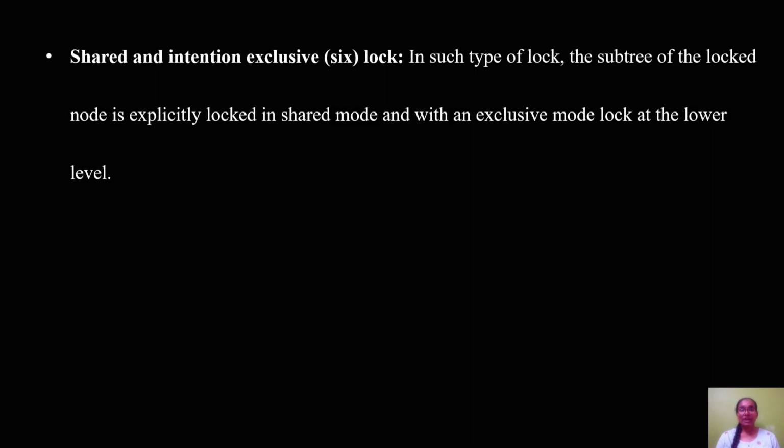In shared and intention exclusive lock, the subtree of the locked node is explicitly locked in shared mode, with an exclusive mode lock at the lower level. So if you are implementing a shared and intention exclusive lock, the subtree will be locked with the shared lock and the lower nodes of it will be locked with the exclusive mode lock.